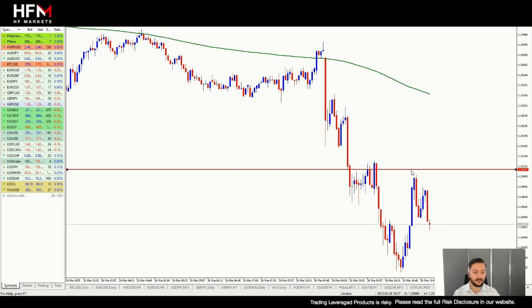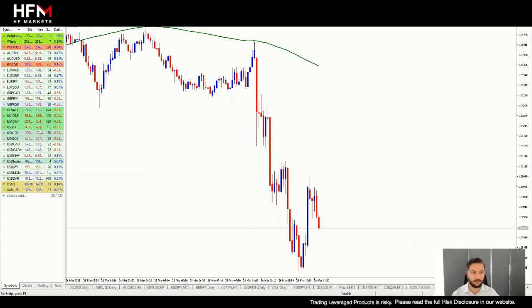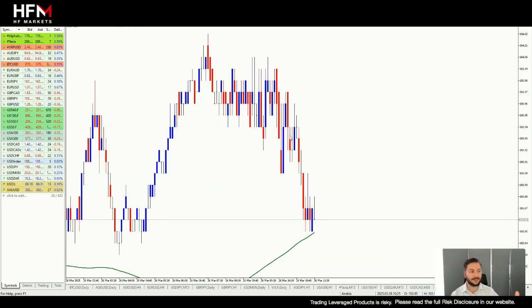The only other thing, ladies and gentlemen, which I would say to look at and take into consideration, I'll switch over to a 5-minute time frame for this, is to also look at the US dollar index. The US dollar index today is trading higher, but very clearly here we can see that it's dipped since the opening of the European session.